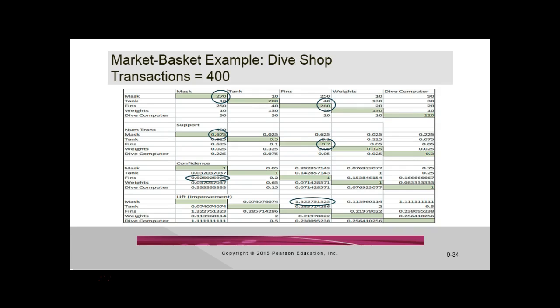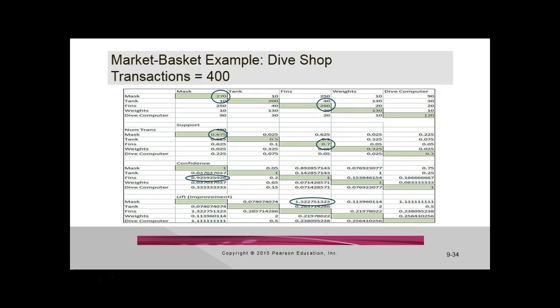Give me something though that's negatively influenced. Okay, mask and tank. So mask and tank, look how small that lift is, 0.07. So the odds that someone buys a tank, 50% of the transactions we had involved a tank, yes?